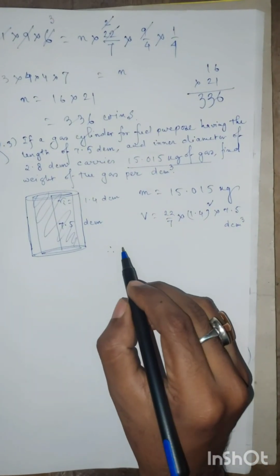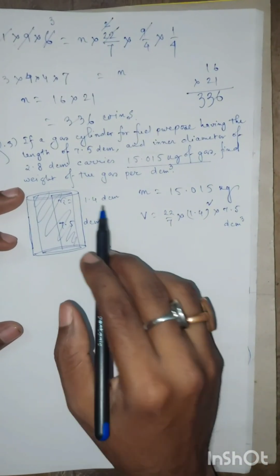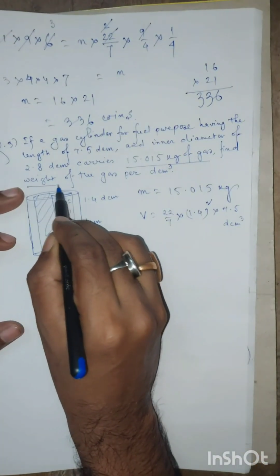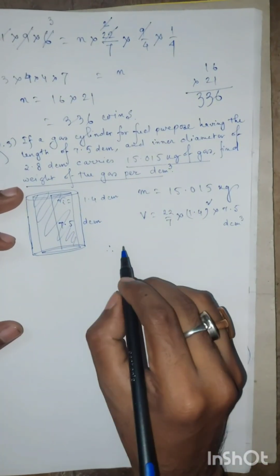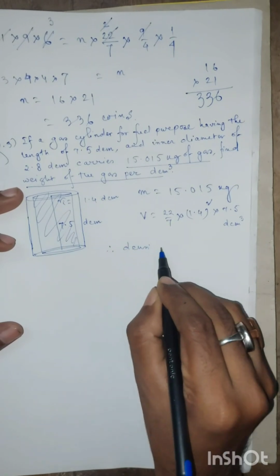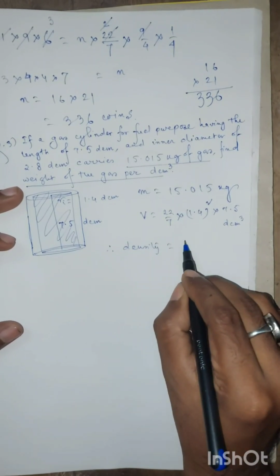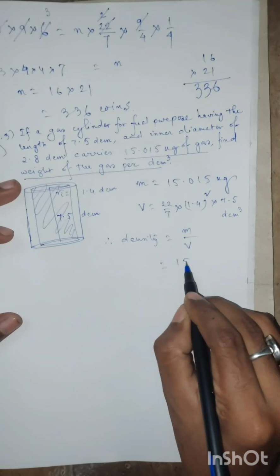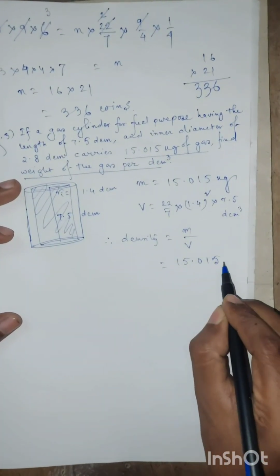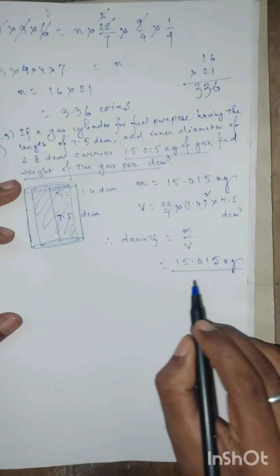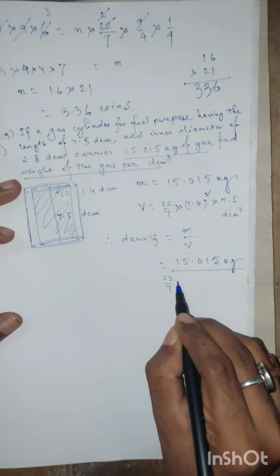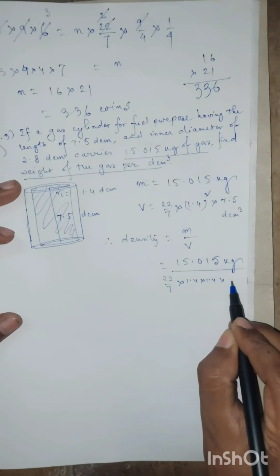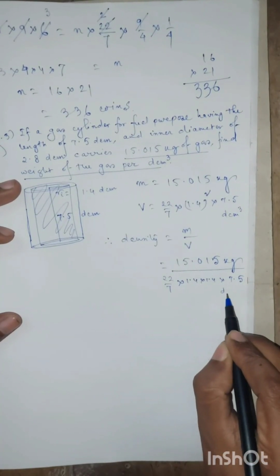Therefore, weight of the gas per decimeter cube, which is equal to density. So the density is equal to mass by volume. So the mass is 15.015 kg by 22 by 7 into 1.4 into 1.4 into 7.5 dcm cube.